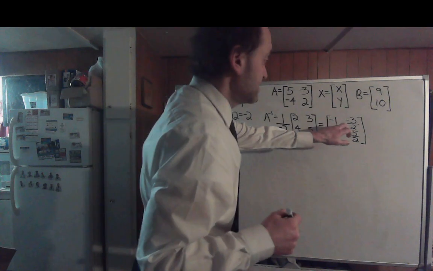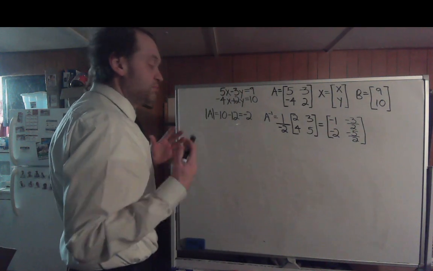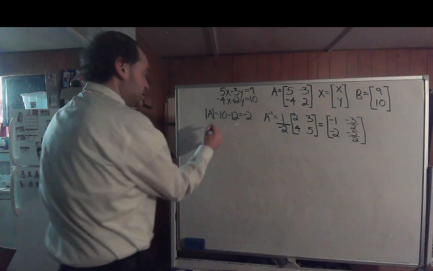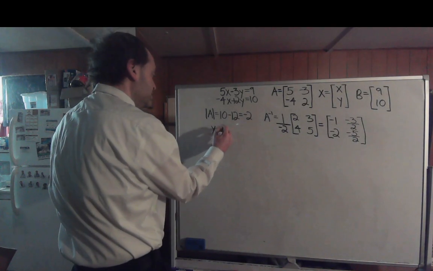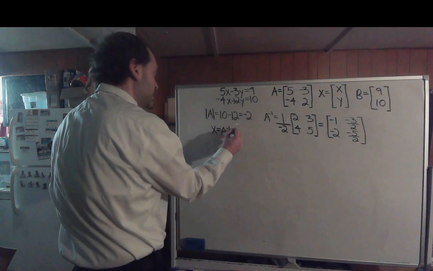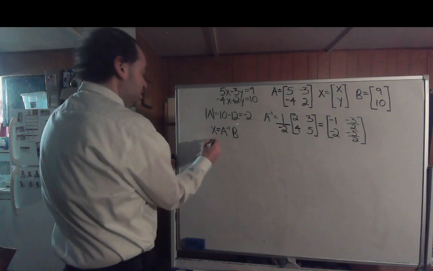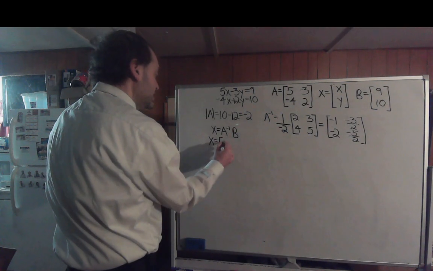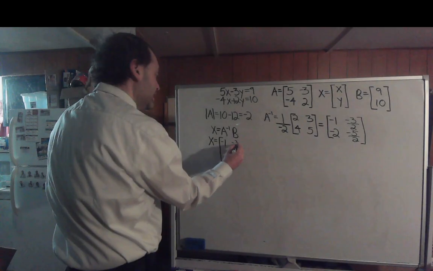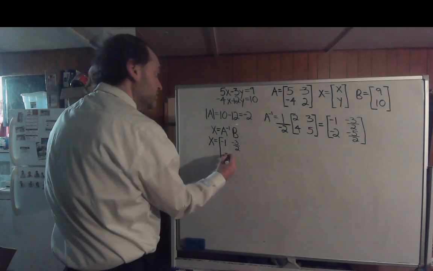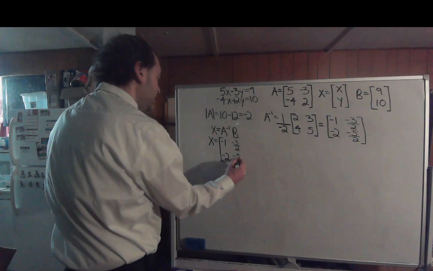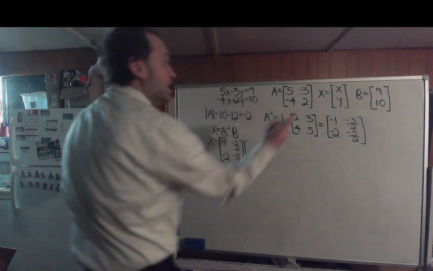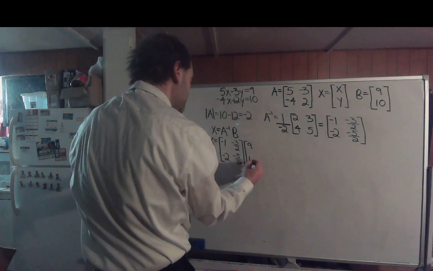Doesn't look as pretty as the original because you got fractions, but now that we found our A inverse matrix, the idea is that X is going to equal A inverse times B, which means that X would equal that inverse matrix itself of negative 1, negative 3/2, negative 2, negative 5/2, times your matrix B, which had entries of 9 and 10.